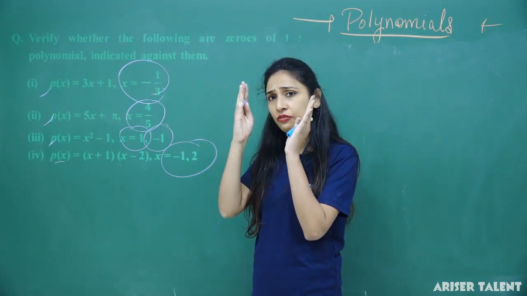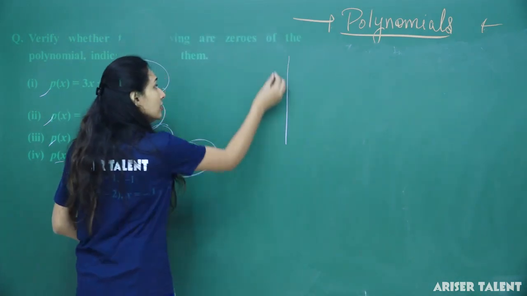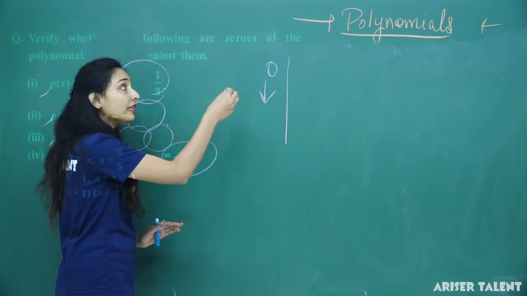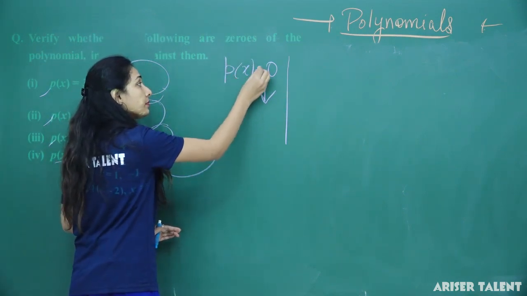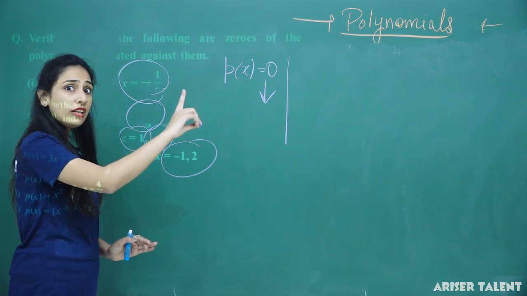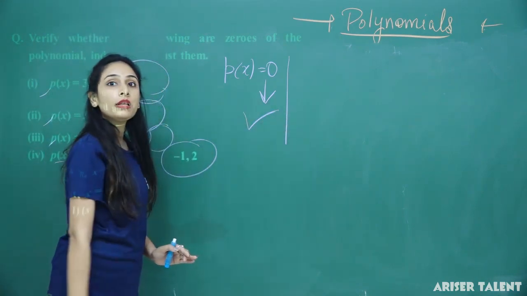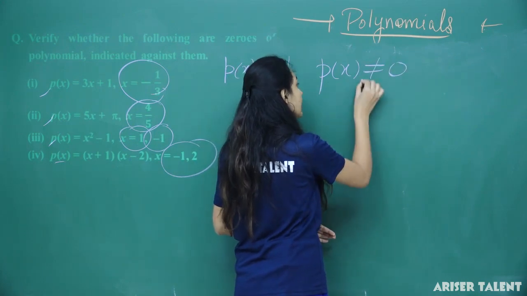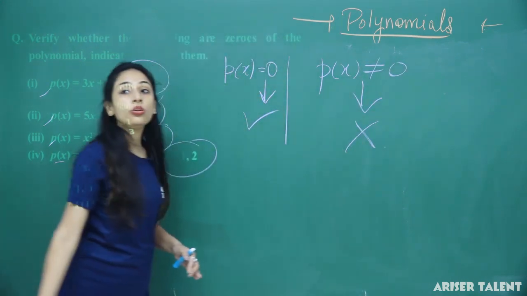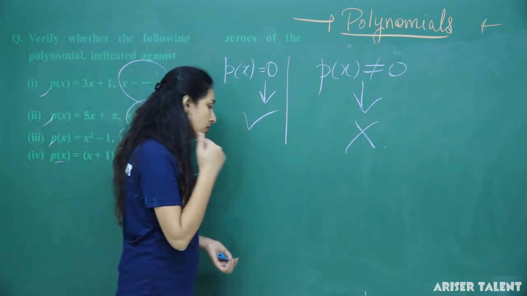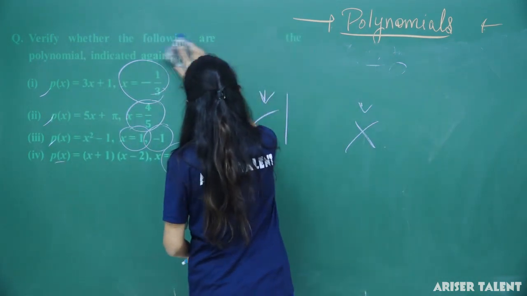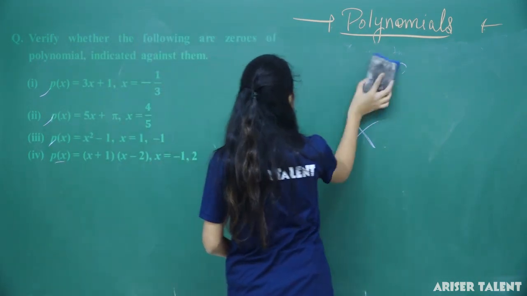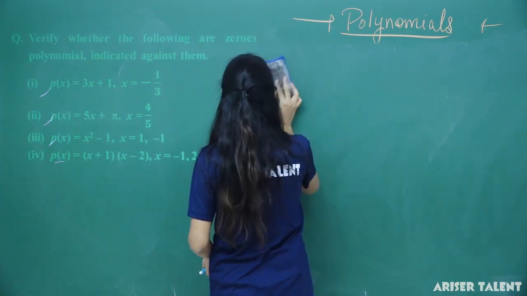That is a very fine line. If you get 0 at the particular value of x, it is a zero of the polynomial. If you are not getting P(x) equal to 0, then it is not a zero of the polynomial. It's so simple.